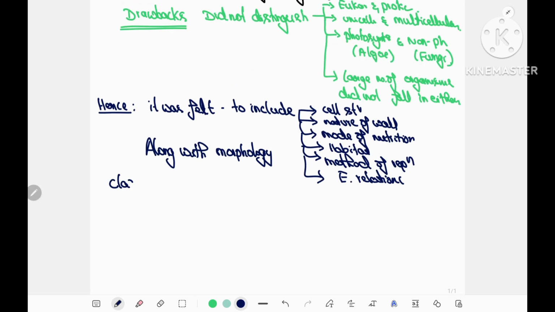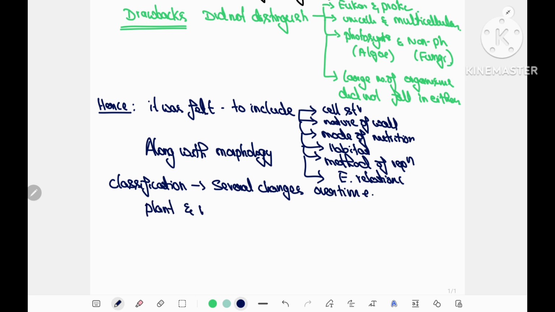So later on, using all these, the classification system was evolving, or has undergone several changes over the period of time, and it has not been constant in any period of time. But in all the systems of classification, plant and animal kingdoms are the constant ones.